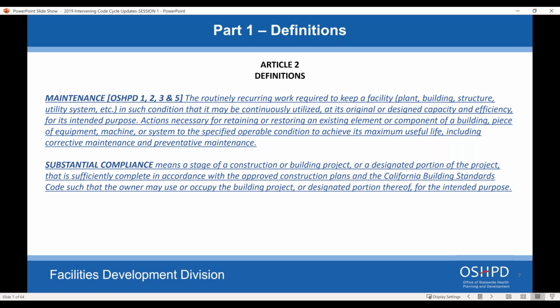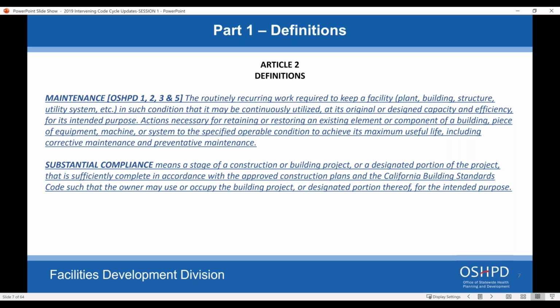Other definitions we added was maintenance. We talked about emergency repair. Now, maintenance is the routinely recurring work required to keep a facility in such condition that it may be continuously utilized at its original or design capacity and efficiency for its intended purpose.